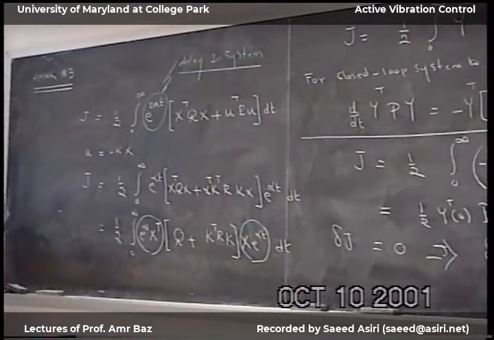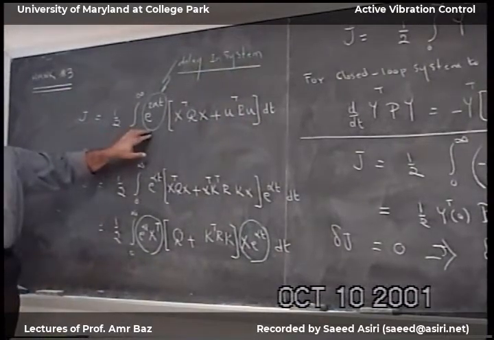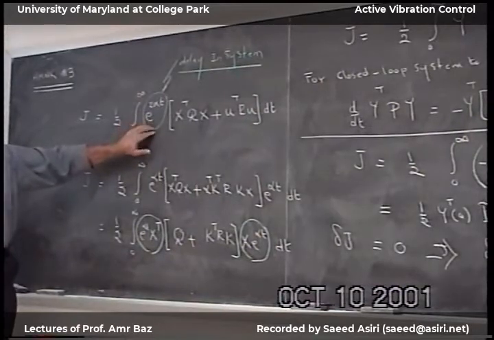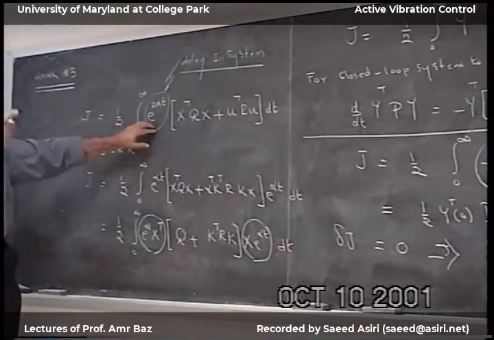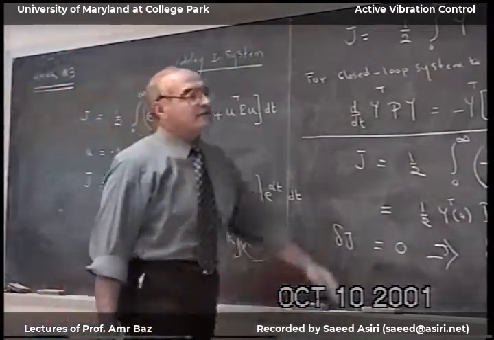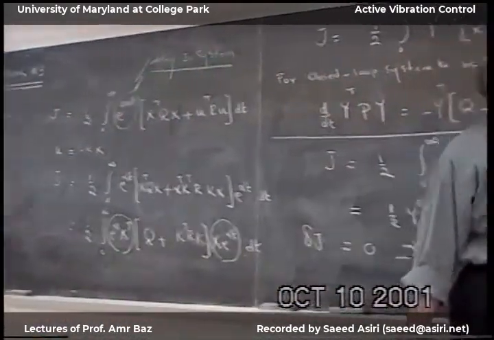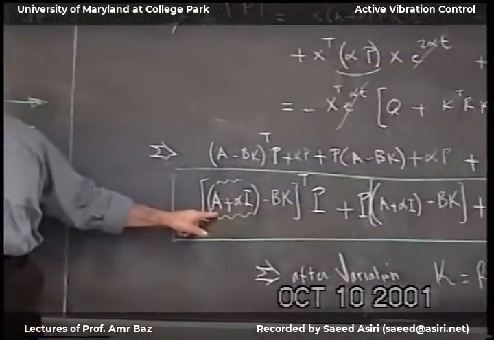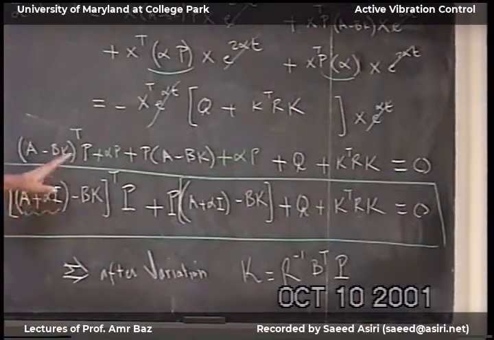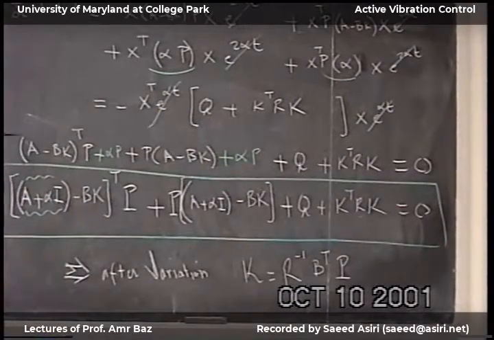So if you try to implement a controller that has time delay, then you put a penalty on the delay here. And from this, you can extract the equivalent controller from the Riccati equation. The only thing that will be different is that we change the A to A plus alpha I, which is the amount of delay that we have in the system. Okay?